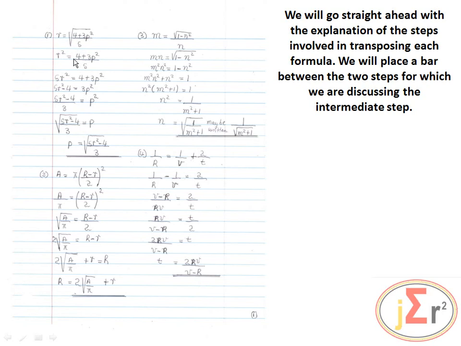Also, if we are going from here to here, then the red bar will be here, showing that the hidden step, because it is not present in this script, is the step that will take us from this expression to this one.